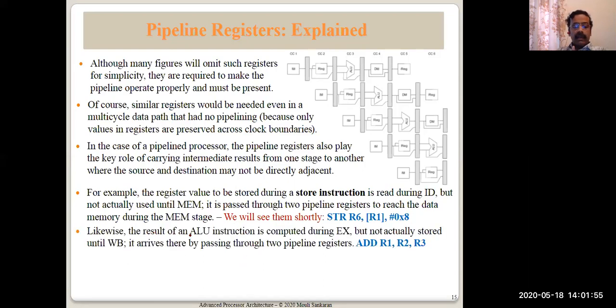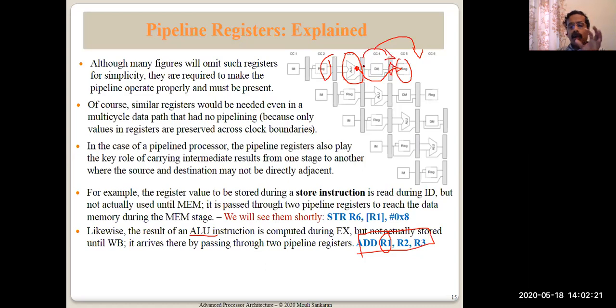Likewise, suppose I am executing this instruction add R1, R2, R3. I am fetching R2 and R3 here. I am adding it here. After adding, I am writing the result in this stage, which is written into R1 here. If I have a result here which is to be written into a register, I should store it in the pipeline register and then pass it across the pipeline.